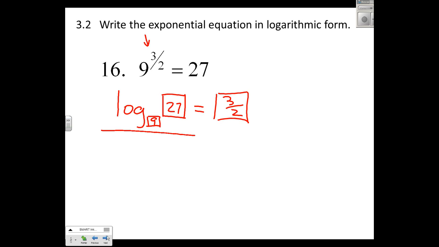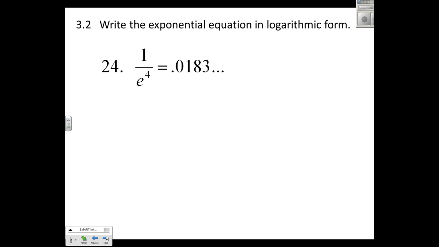Again, how would we think of this? What is the exponent that turns 9 into 27? Oh, 3/2 is. So a logarithm is just an exponent. This 3/2 is the exponent that turns 9 into 27. So I really encourage understanding. Don't memorize your way through this, thinking this number goes here and that one goes there. Let's understand logarithms this year.